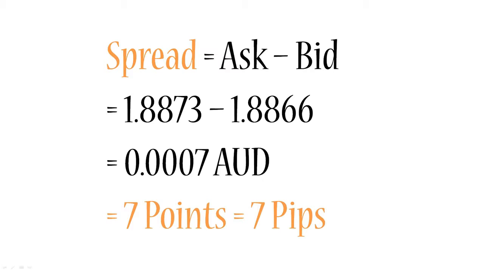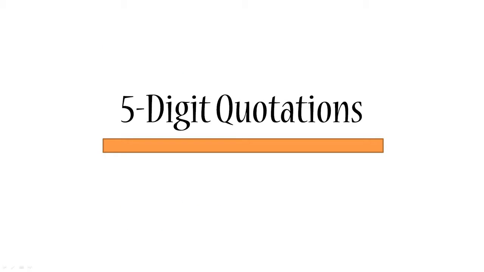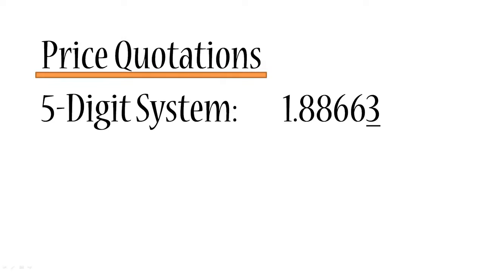This is equal to 7 points because it's 7 times the minimum change this currency pair can experience, and it's also equal to 7 pips because this is equal to 7 times 0.0001.